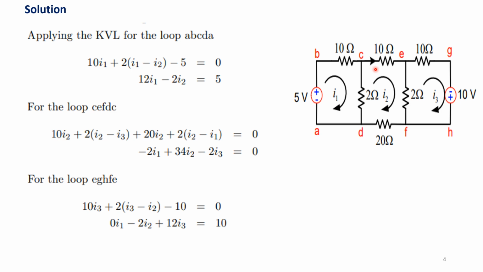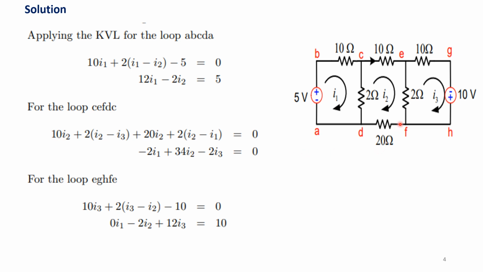I am writing the equation: 10 times I2, and through this 2 ohm resistor the current flows as (I2 minus I3), plus 20 into I2, and this other 2 ohm resistor, 2 into (I2 minus I1), which is equal to 0. There is no voltage source here, so only the resistance drops. After simplification: minus 2I1 plus 34I2 minus 2I3 equals 0. This is my second loop equation.